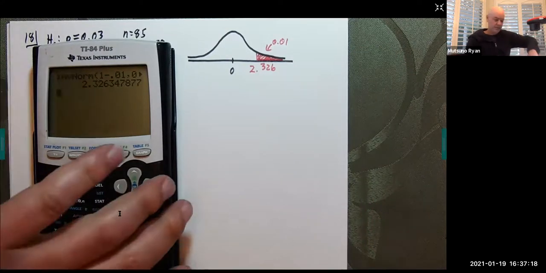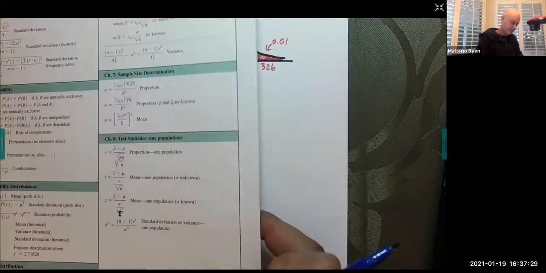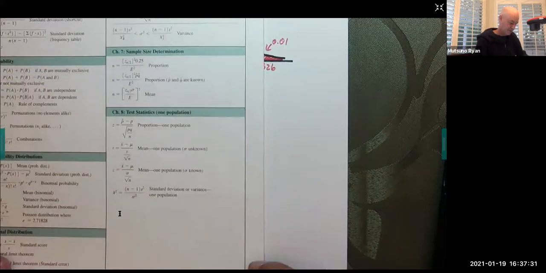All right, and we need a test statistic. And if you remember, the test statistic, which is on this sheet here, is right here.